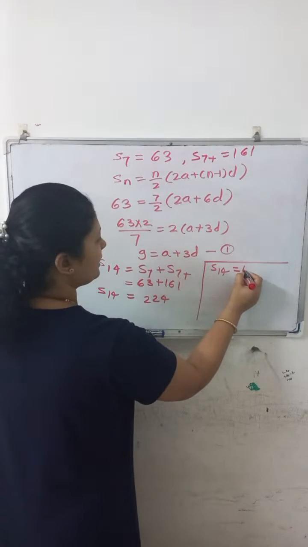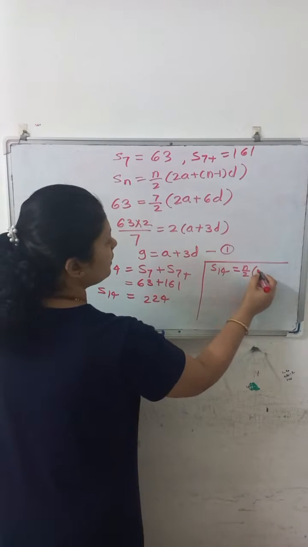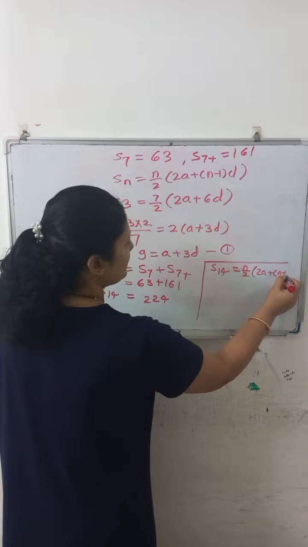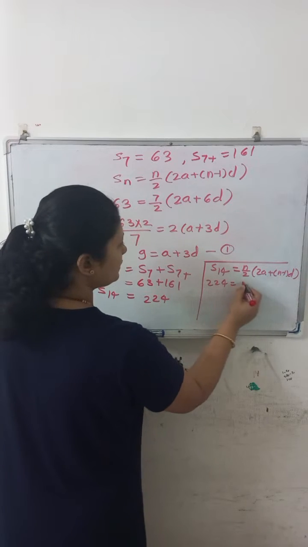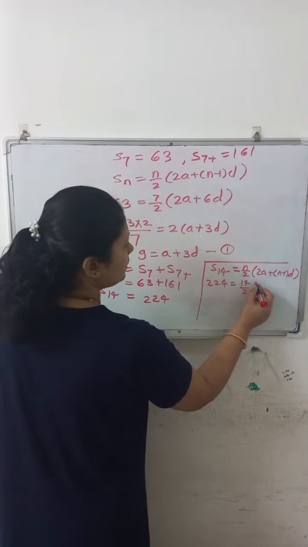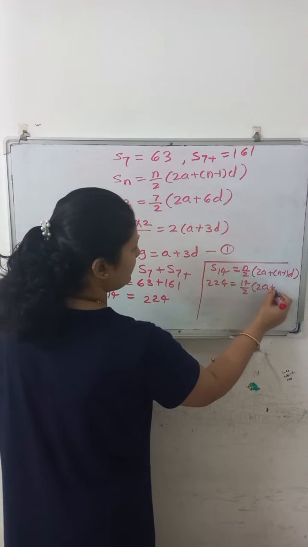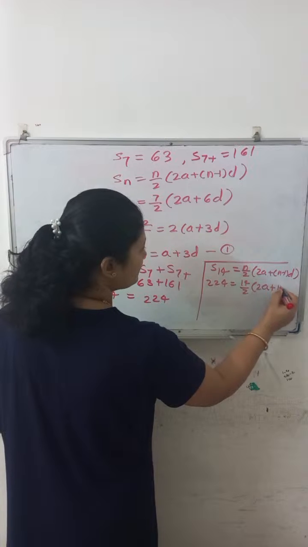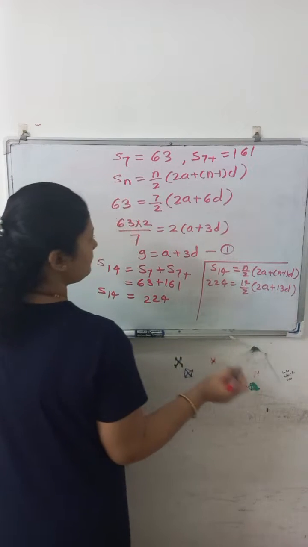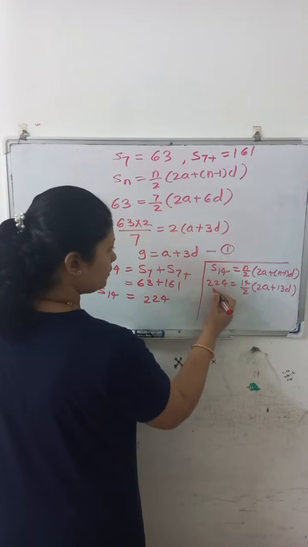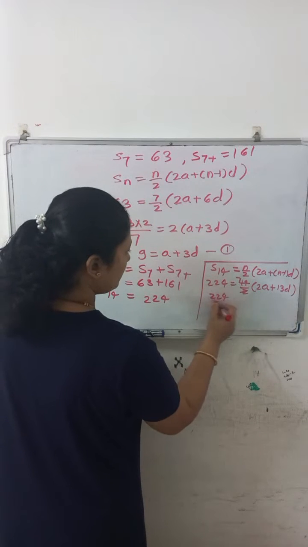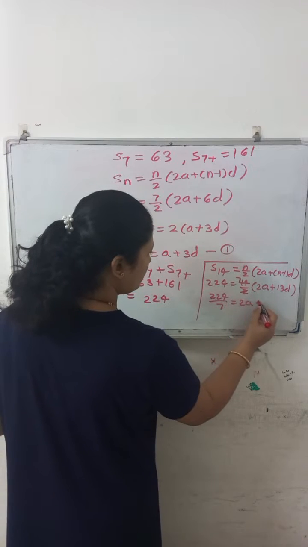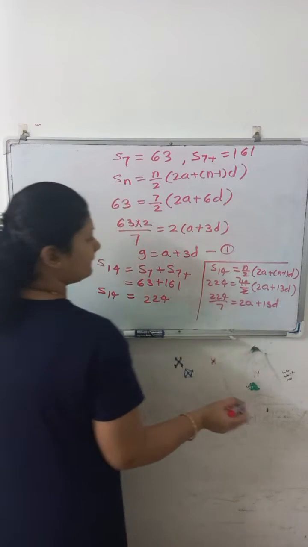We can write again n by 2 times (2a plus (n minus 1) into d). So S14, which is 224, is equal to 14 by 2, inside the bracket 2a plus 13d. So 224 by 7 is equal to 2a plus 13d.